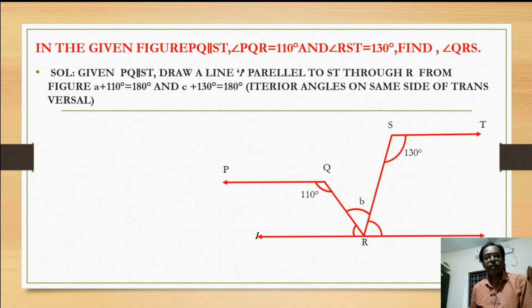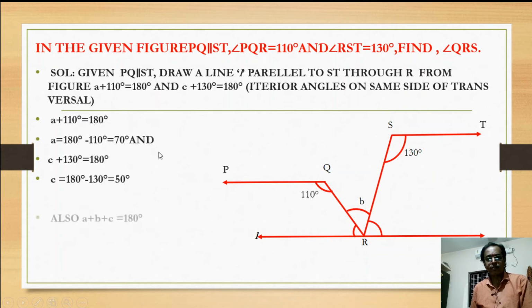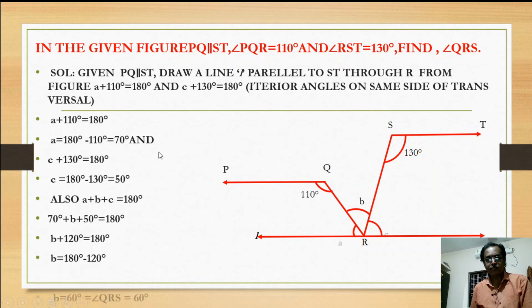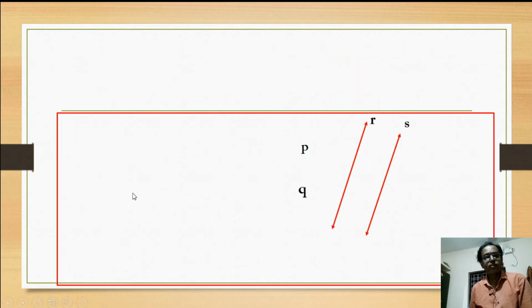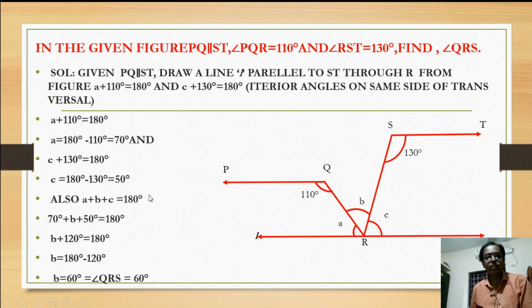Given PQ is parallel to ST and draw a line L parallel to ST through a point R. From the figure we have, let me finish this figure. See this here.